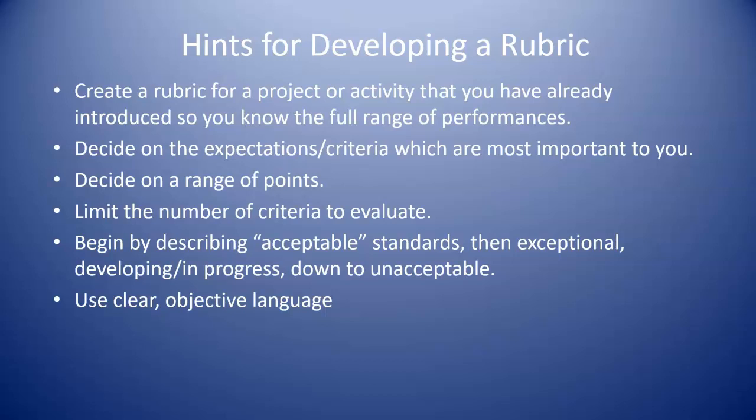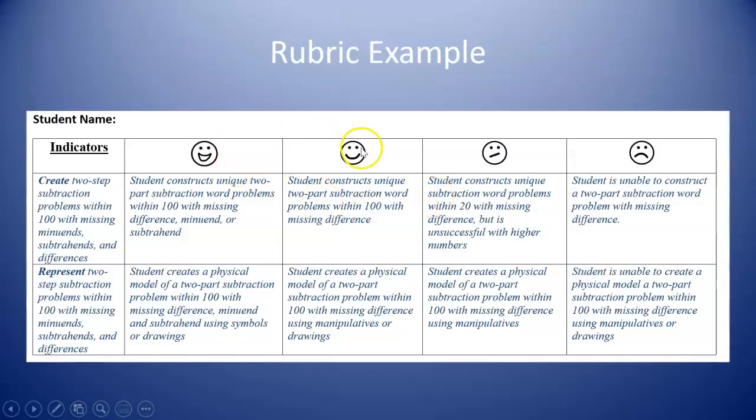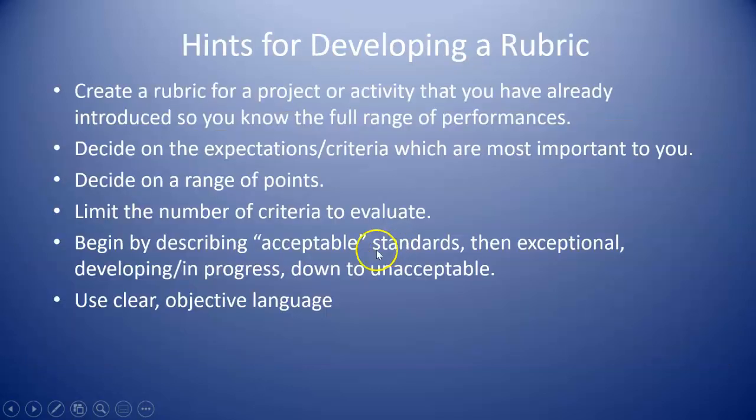We want to think about a range of points, or you don't have to use points. It could be things like smiley faces, different types of criteria. Sometimes it helps to think about what would be acceptable, what would be good, what would be like, the student met this, and then work from there to what would be unacceptable and what would be outstanding, right?